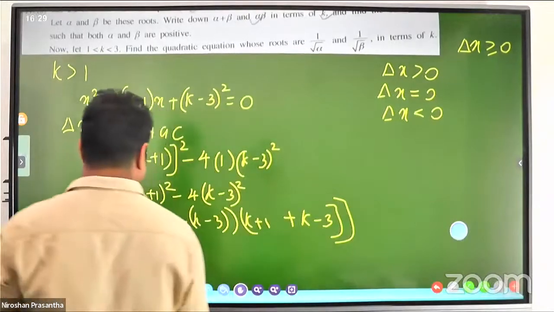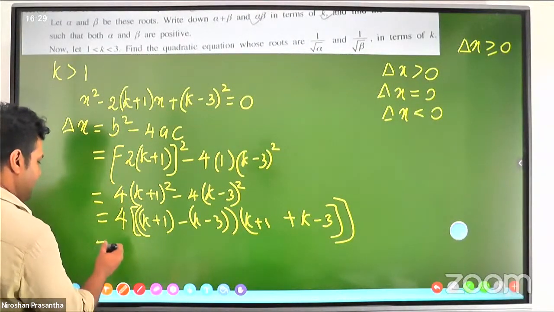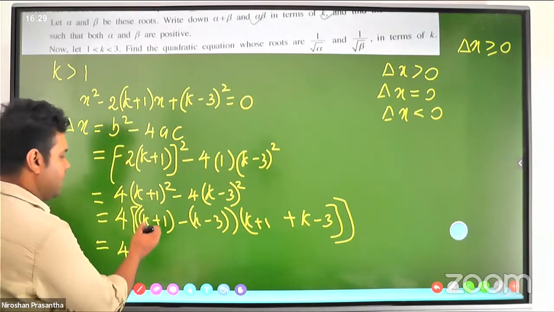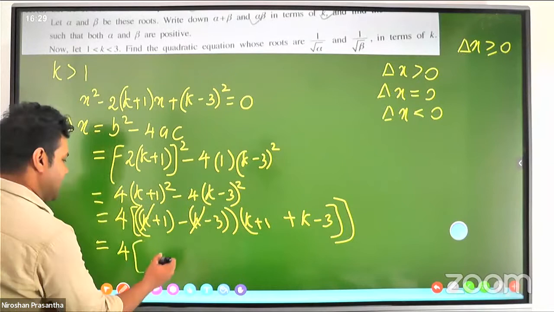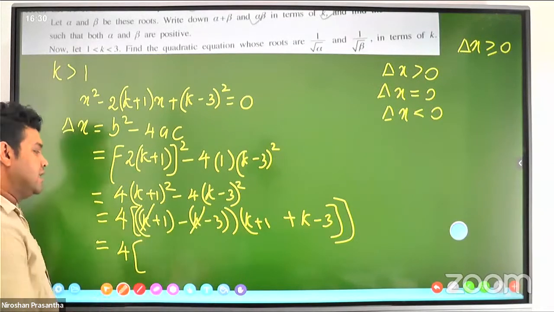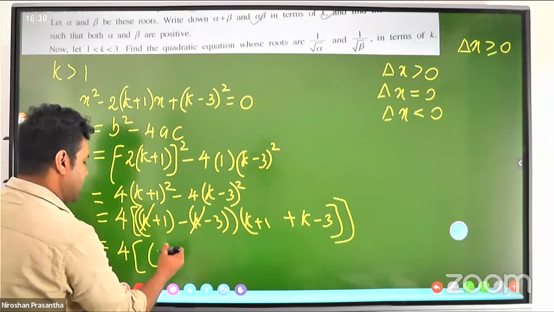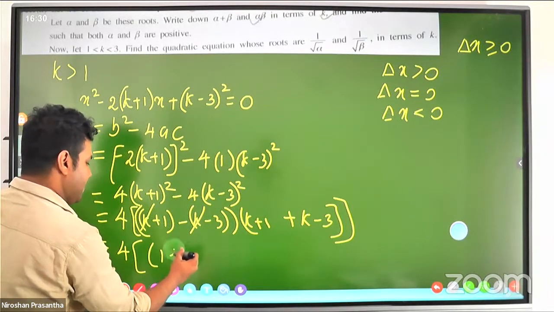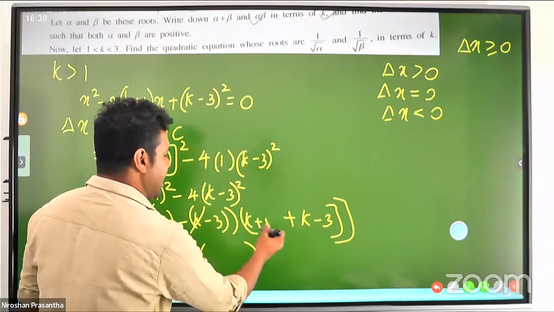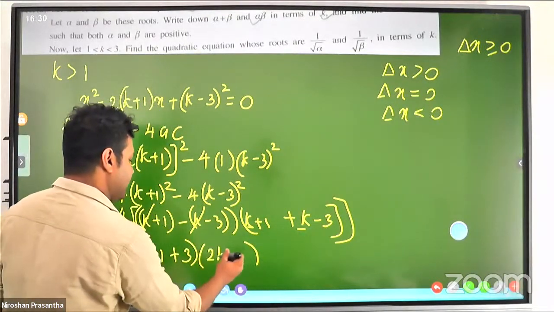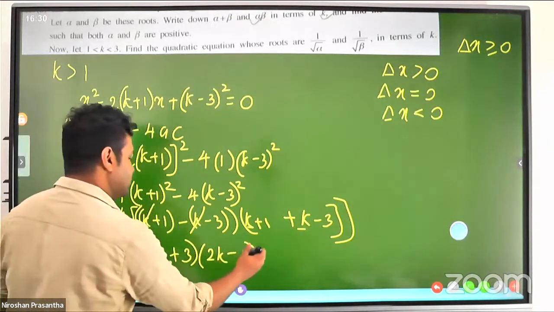In the first bracket, k and minus k cancel, leaving 1 and plus 3, which is 4. In the other bracket, k and k give 2k, and plus 1 minus 3 gives minus 2.